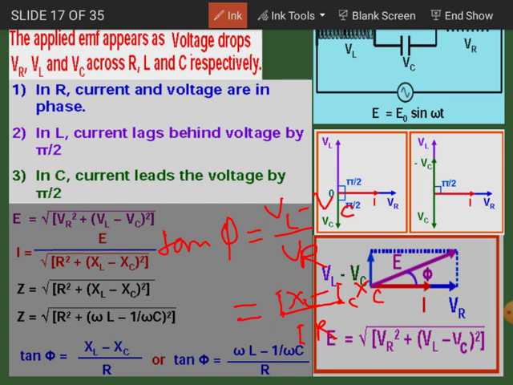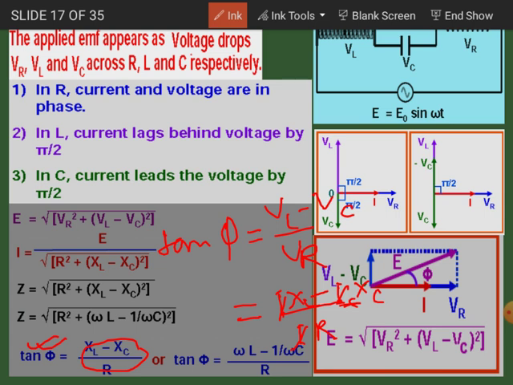If you take the current I common, then it cancels. What remains is tangent of phi equal to XL minus XC divided by R. So in terms of reactance and resistance, you can express tan phi like this, or in terms of angular velocity, inductance, capacitance and resistor.